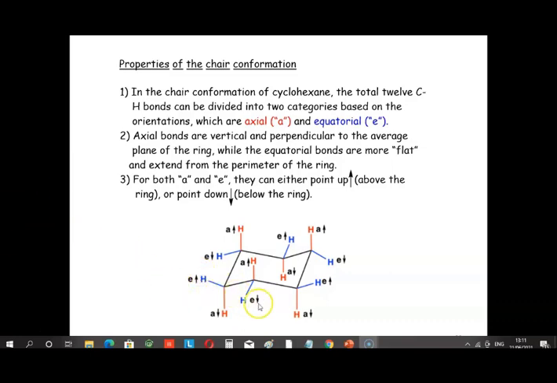This way we can observe that the axial and equatorial hydrogen atoms alternately lie up and down, down, up, down, up, down, up. So this alternating up and down position is present along the cyclohexane ring.